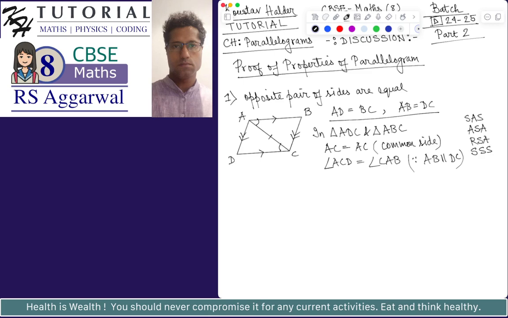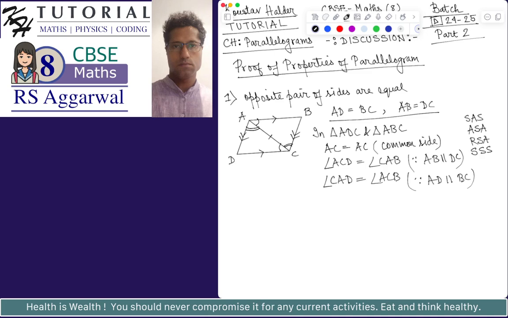Since this is a parallelogram, we must have angle CAD equal to angle ACB, since AD is parallel to BC. Again, AC is acting as the transversal, so this angle should be equal to this angle.